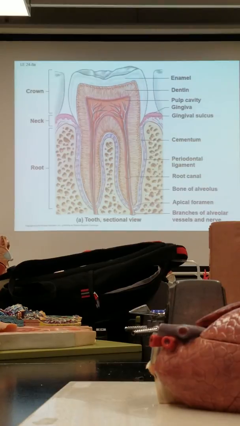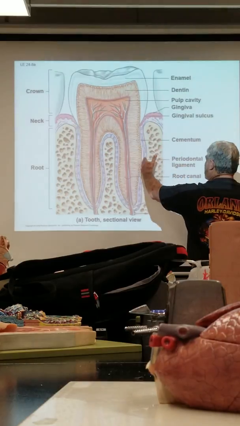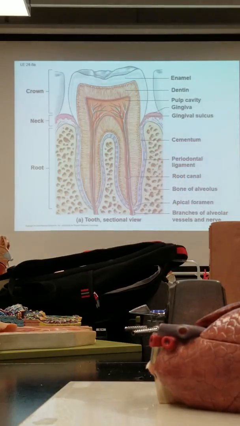Guys, listen up. Next thing you need to know, on this model, this thing right here, is called cementum. Cementum actually works like cement. It's going to cement the tooth, or the root, into the bone. You're also going to have the periodontal ligaments.